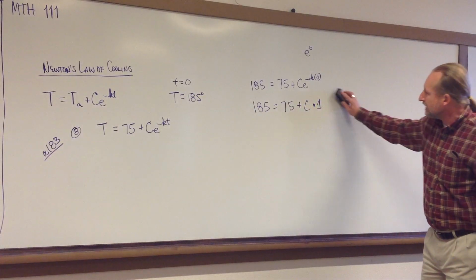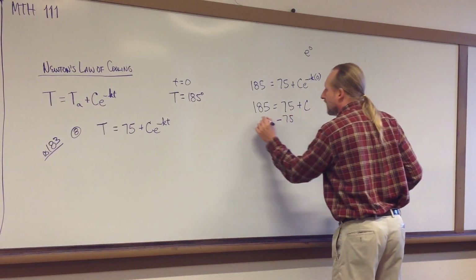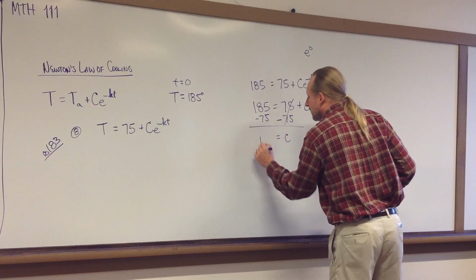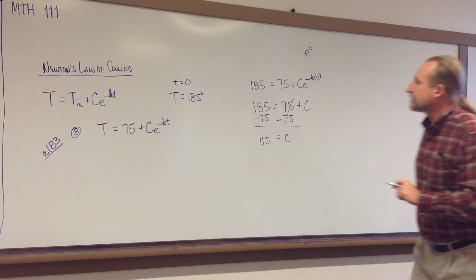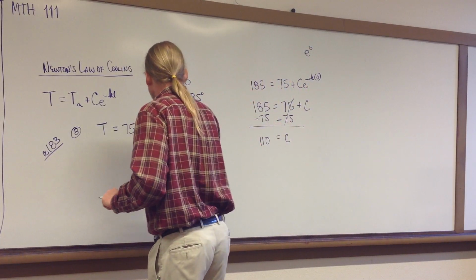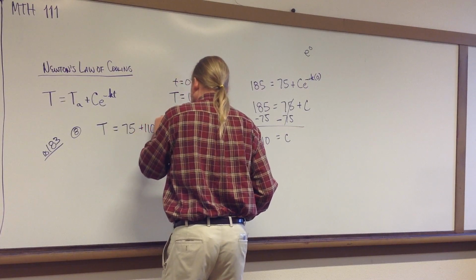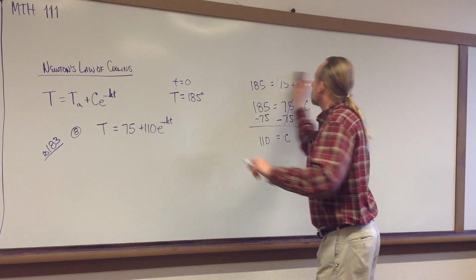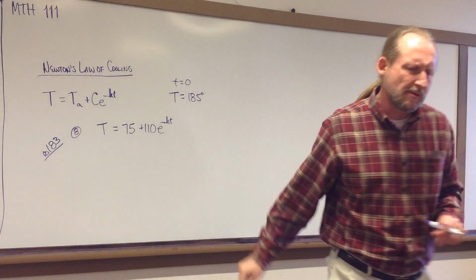So we can just write 75 plus C. And then we can subtract 75 on both sides, and that tells us C is equal to 110. So now we've got some more information: 110 e to the minus kt. That allowed us to find the value of C.